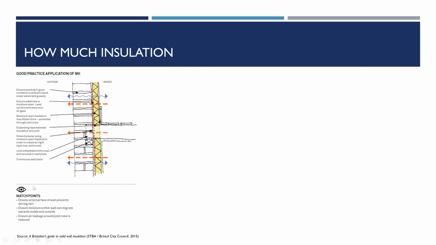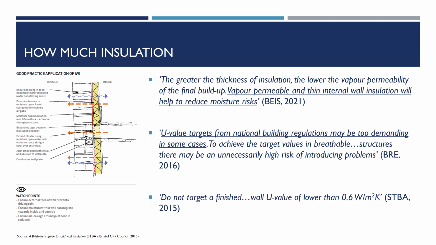And when you've thought about materials, you need to think about how much to put on. And again, there are lots of quotes here generally suggesting there's more research and guidance highlighting the fact that doing a bit, but doing it properly and paying attention to the details is probably going to be more effective and lower technical risk than trying to get the lowest possible U value.